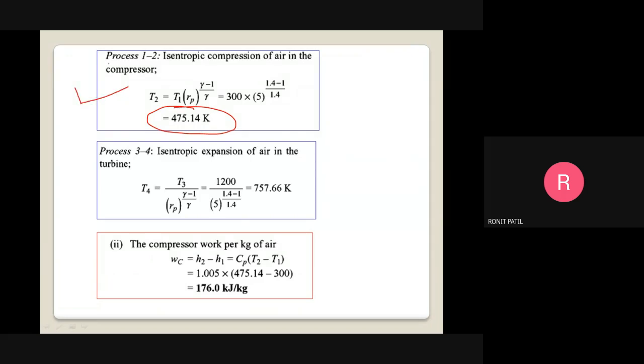So for isentropic process 1 to 2, we have T2 equal to T1 into Rp raised to (gamma minus 1) upon gamma. T1 is 300, Rp is 5 raised to (1.4 minus 1) upon 1.4. So we are getting T2 as 475.14 Kelvin. All of you should note that down. Then find out compressor work.